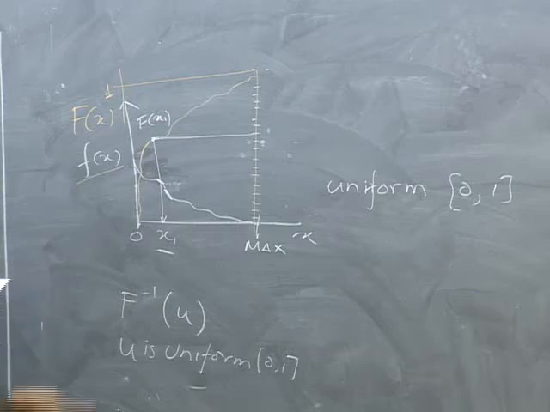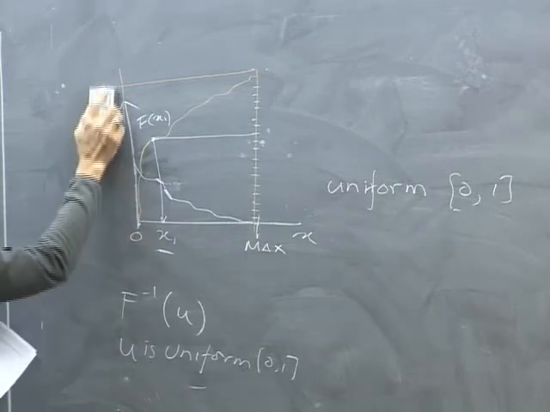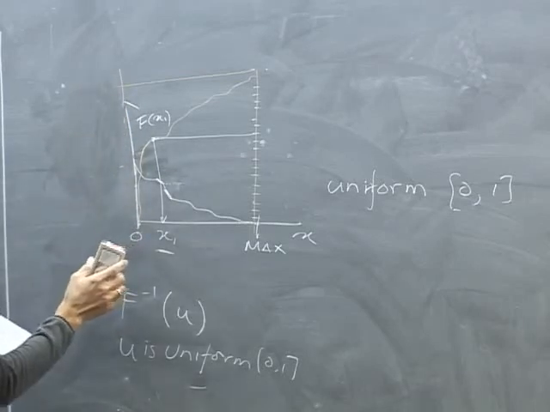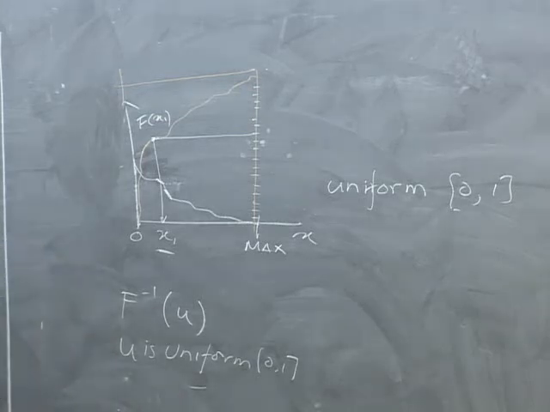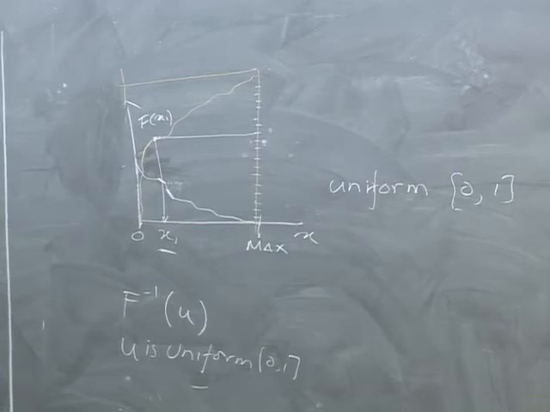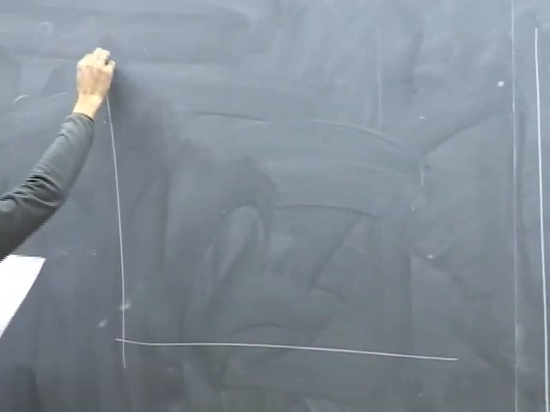Actually, I have to draw it larger because otherwise it's not going to be visible. So let's zoom in over here. So this is capital F.